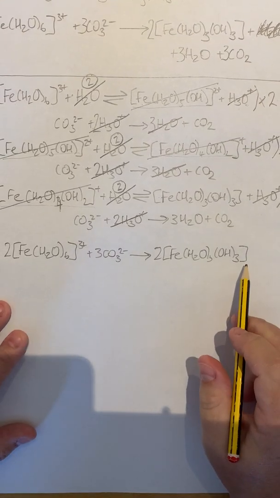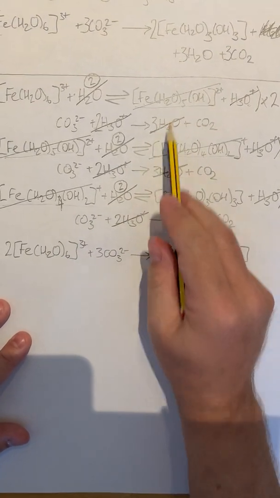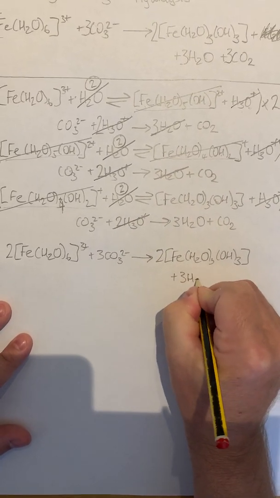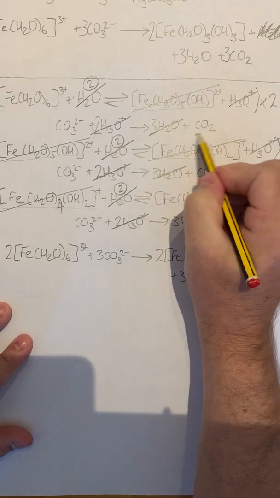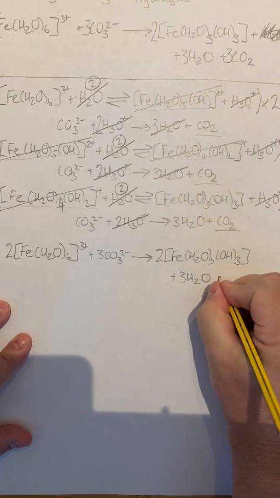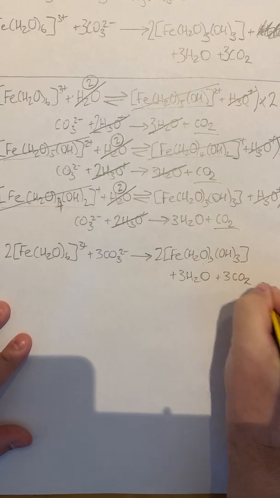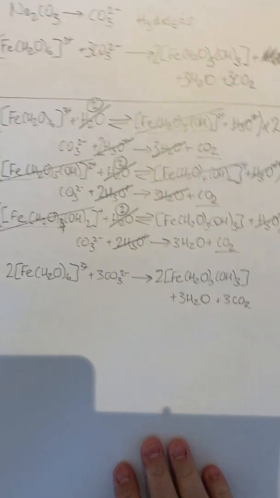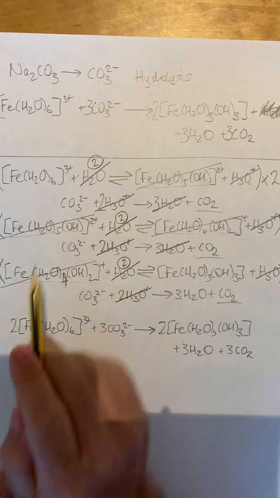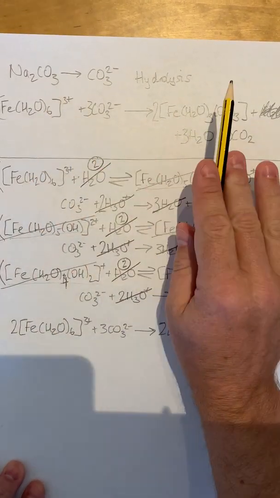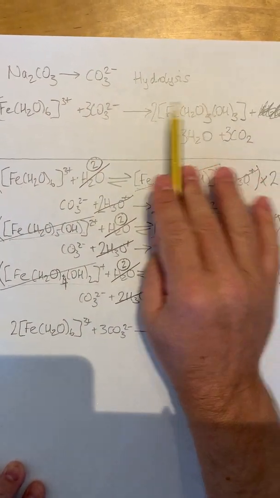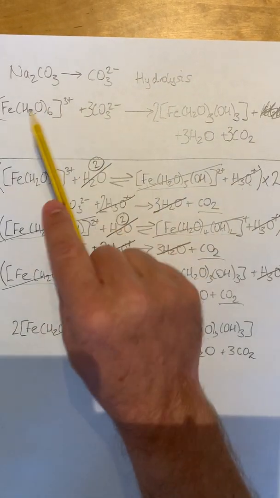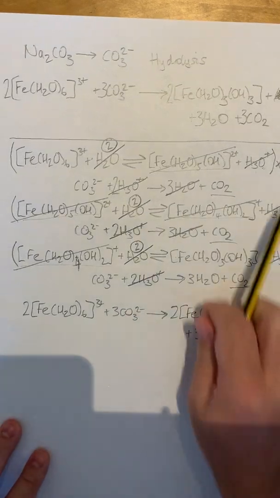We've then also got, we've cancelled out all of the waters except for these here, 3 H2O, and we've also got 3 CO2s. So you can see that first method, learn the starting complex, learn the finishing complex, know the formula of the carbonate and that you produce these, and then balance it according to charges. But that is what's going on.